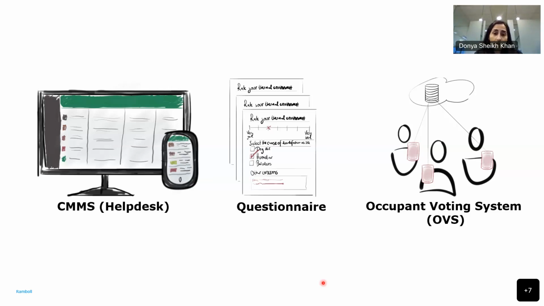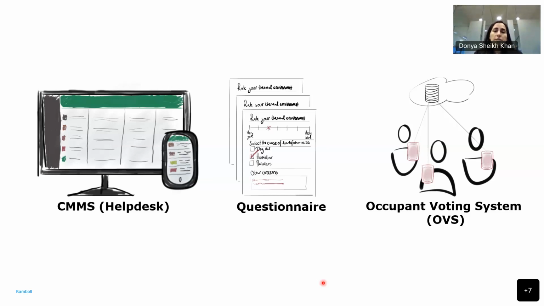Then we have the questionnaires, which is a very common way of collecting this feedback. The issue with questionnaires is that they can be rather long, so we don't want to use questionnaires as a means of getting continuous feedback, especially not in real-life buildings, because people will become tired of being asked to fill out questionnaires all the time.